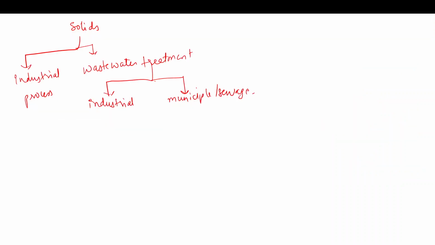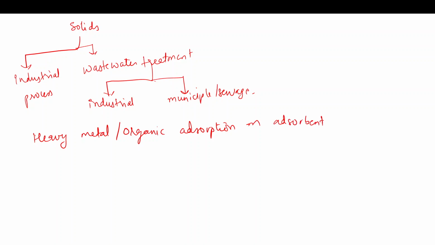pollutant. Say for example, if you have performed adsorption, heavy metal adsorption, or organic adsorption on some adsorbent. Okay, so now if you want to dispose this adsorbent, then it has heavy metal and organic or such pollutant.